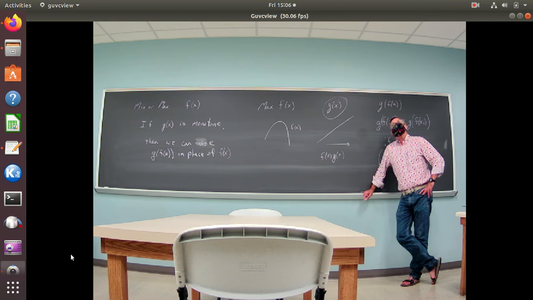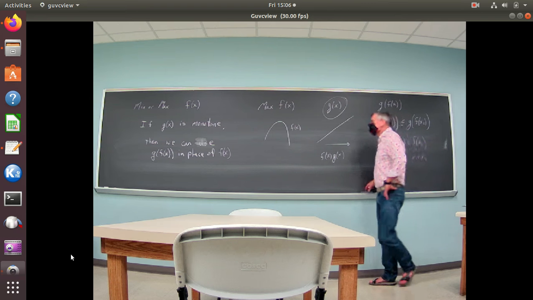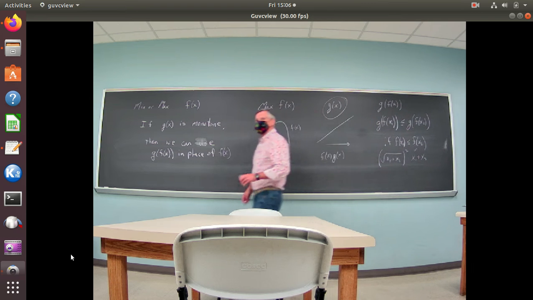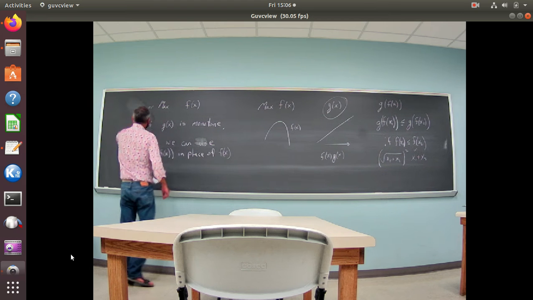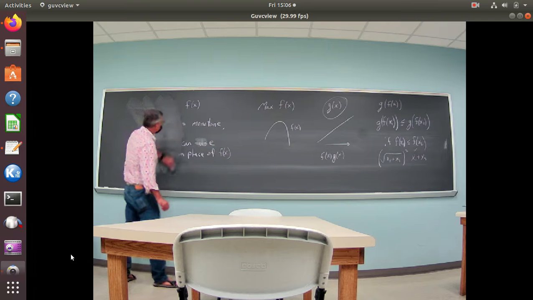Can you think of a function that turns a sum into a product? That one you're a little more likely to, I think, come up with.